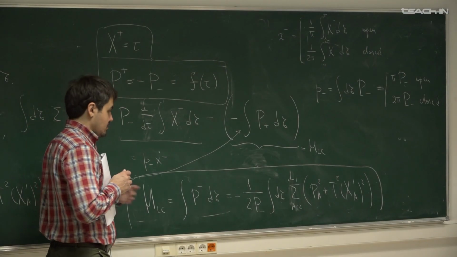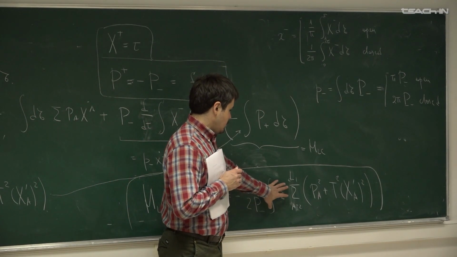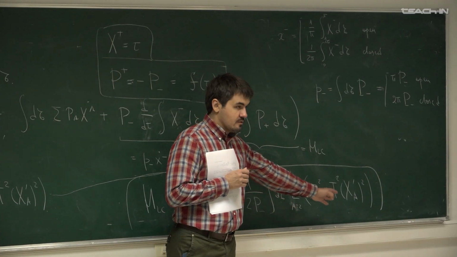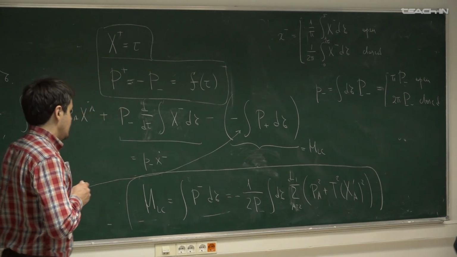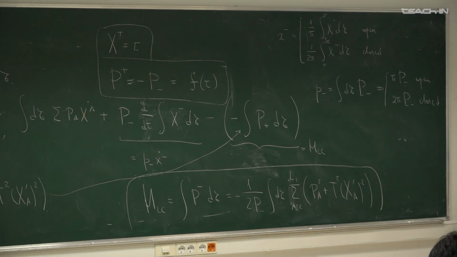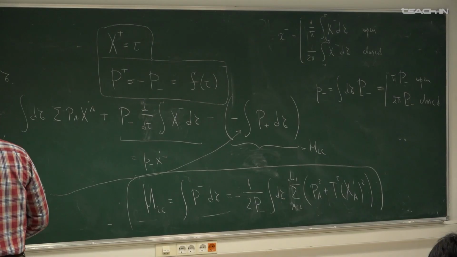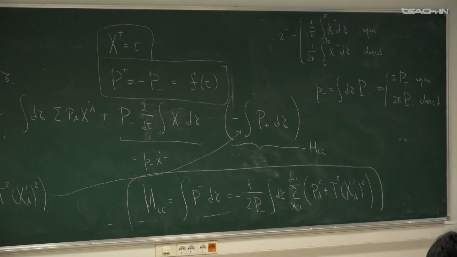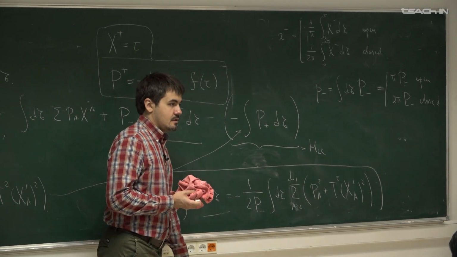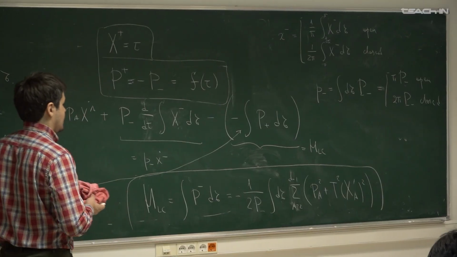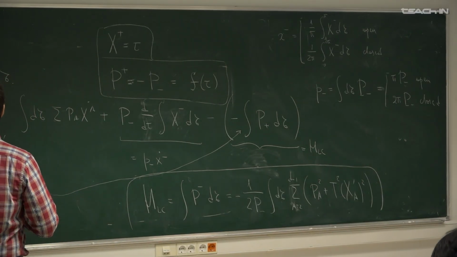So remember, in the case of the particle, we had a similar expression, but we had no integral over sigma, and we had p squared plus m squared. Here, there is this integral and this kind of term. The nice thing about this is that now the Hamiltonian is basically quadratic in the variables p a and x a.